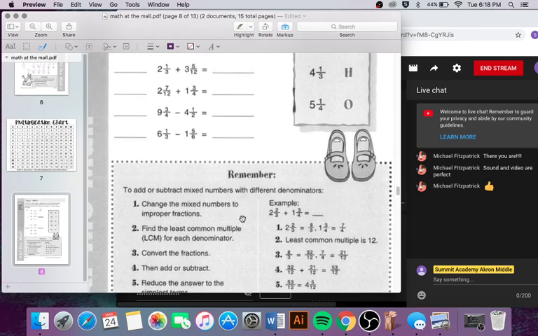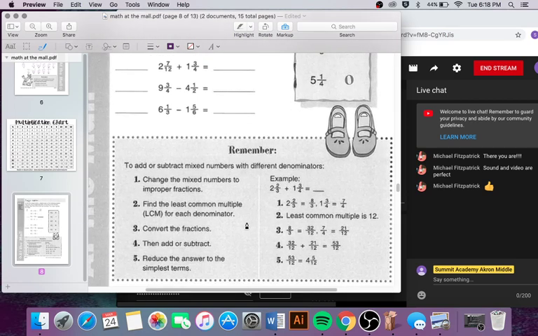So the example down here is 2 2/3 plus 1 3/4. And it says the first thing we need to do is change the mixed number to improper fractions.